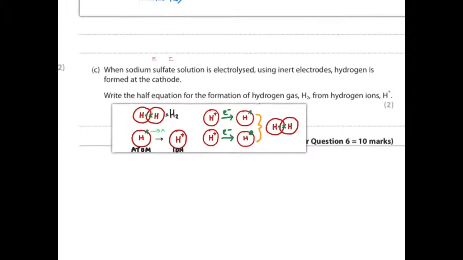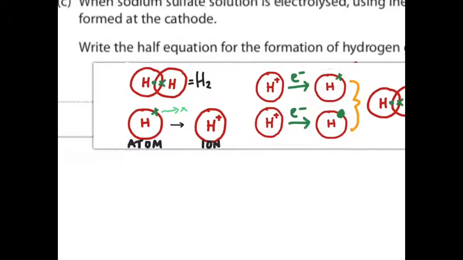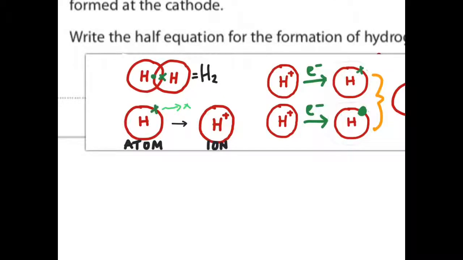So when sodium sulfate is electrolyzed using inert electrodes, hydrogen is formed. We just need to get the half equation. So what's happening? Well, to make H2, we're starting off with hydrogen ions. Now, obviously, if we're making H2, we need 2 hydrogen atoms to start off with. Now, what happens really is an ion of hydrogen is just when an atom of hydrogen has lost that outer electron.